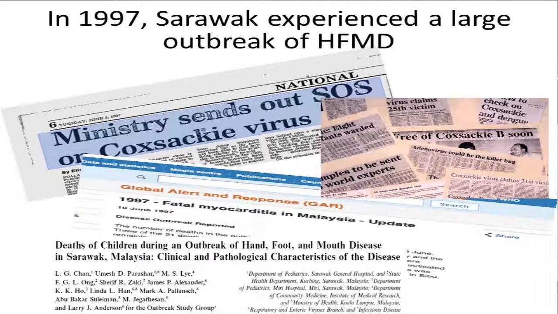But I'll have to say that investigations since have shown that this story may be a little bit complicated with regards to the deaths, because a then unidentified adenovirus, which our lab was investigating, was found to be present in the majority of these fatal children.